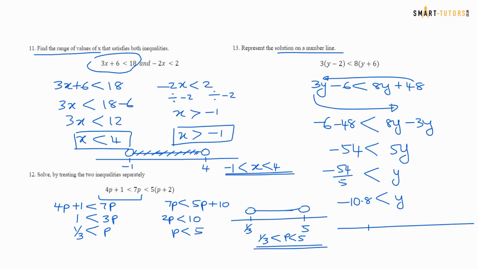So be careful of this negative number, minus 10.8. Minus 10.8 comes after the minus 10, and minus 11 is going to be this side. When you go to the left hand side, it's going to be minus 12, minus 13, something like that. This side is going to be minus 9, minus 8, minus 7, like that. So now I'm right. Minus 10.8 is going to be a non-colored bubble, and greater means this side. So color this way, not coloring the bubble because there is no equal sign, and that is the question number 13 answer.